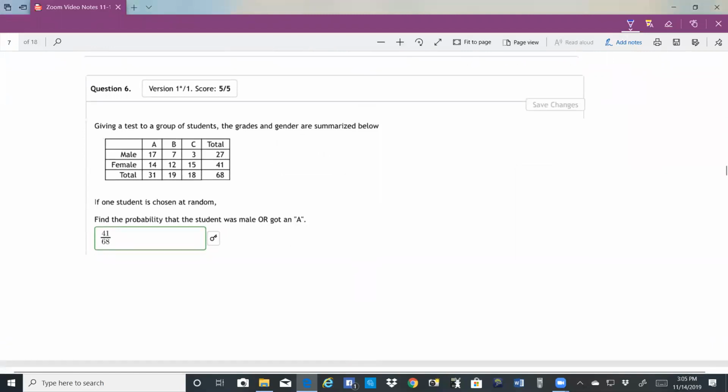Question 6. We're given a table here, and the grades and the gender for the grades are summarized below.